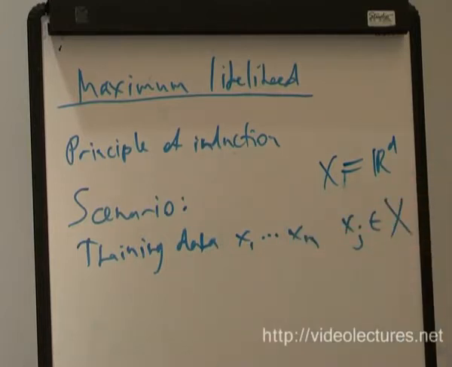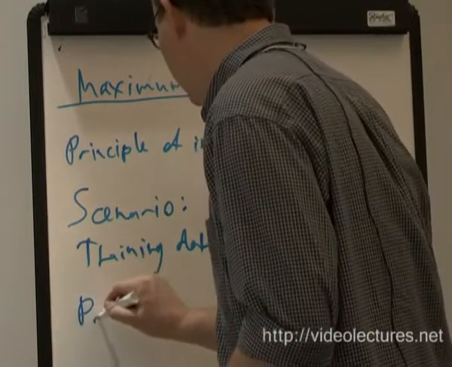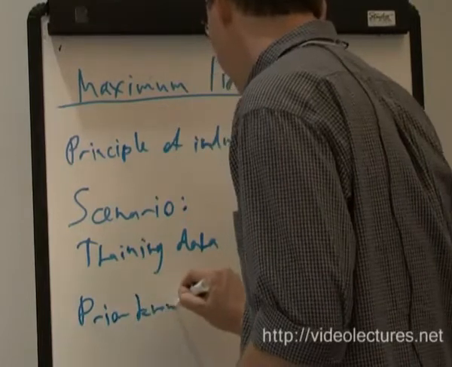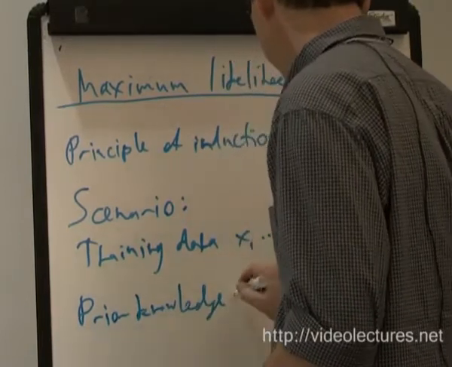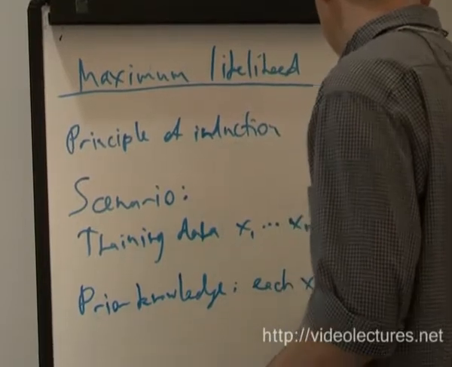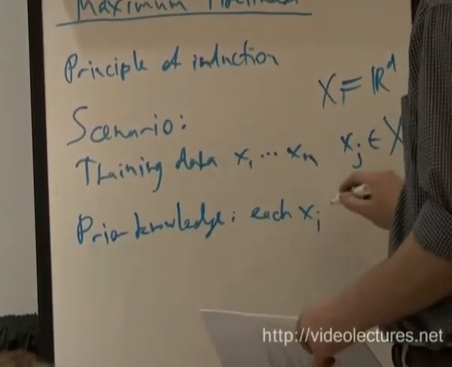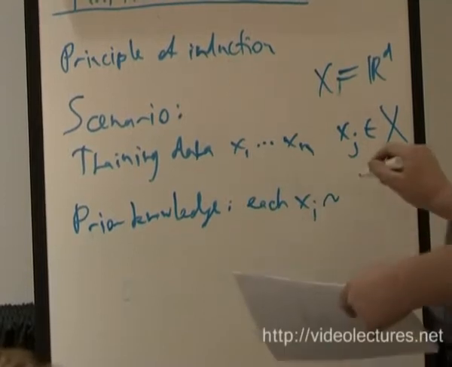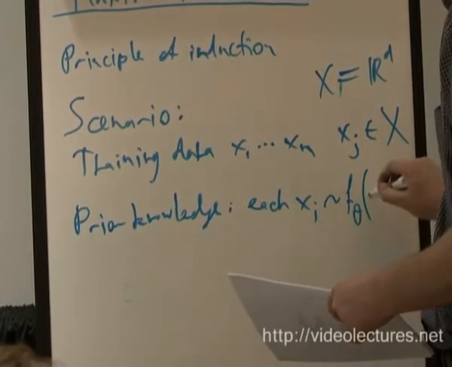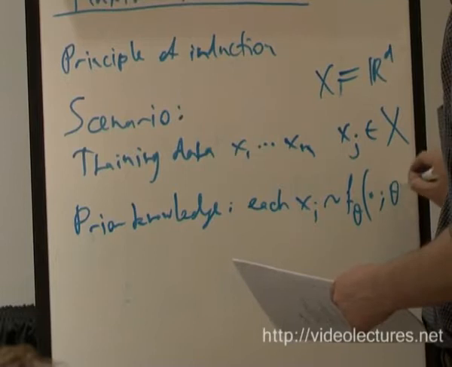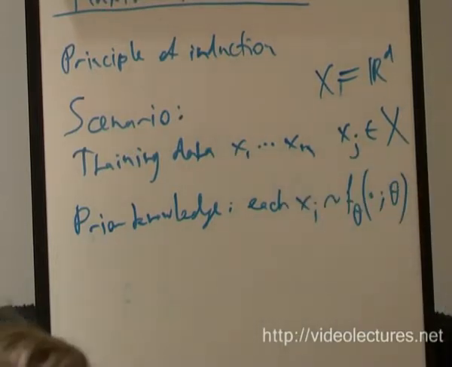And then we have some prior knowledge, which is that each xi follows some probability distribution f theta. There are different ways of thinking about machine learning, but I'm thinking about it using probability theory.